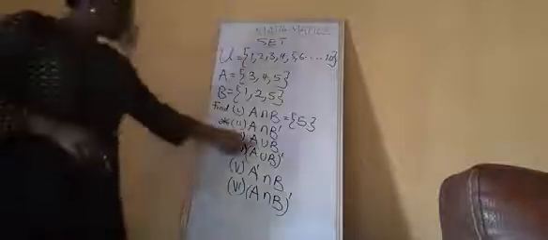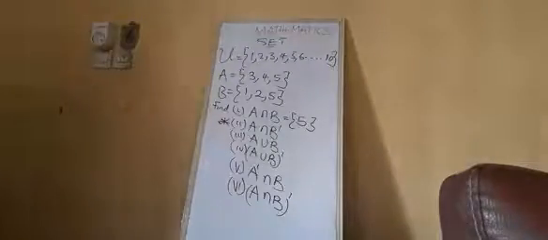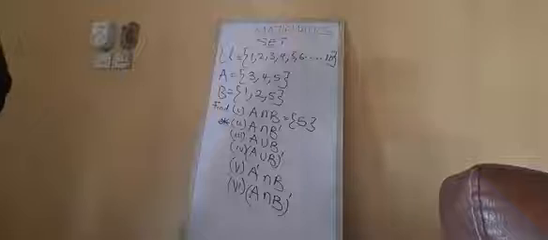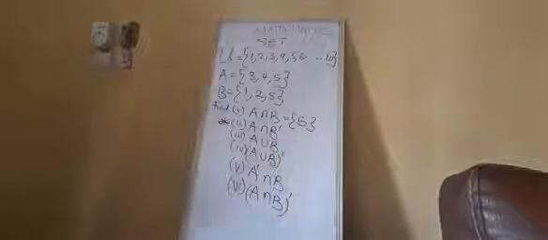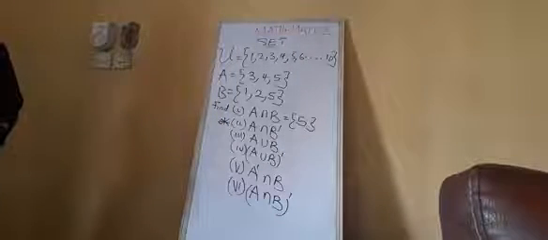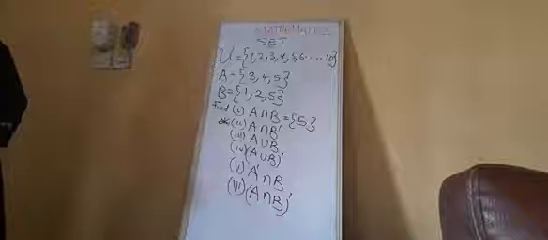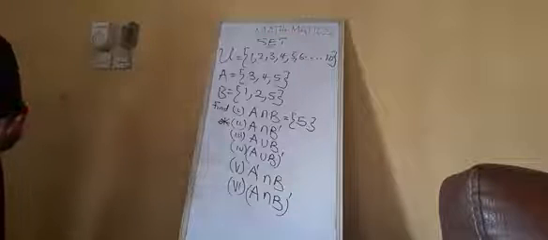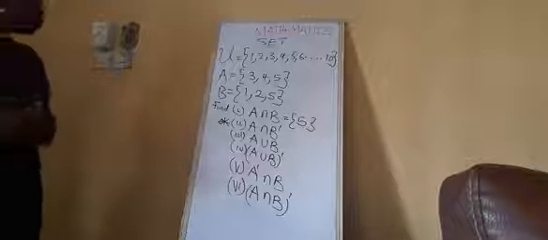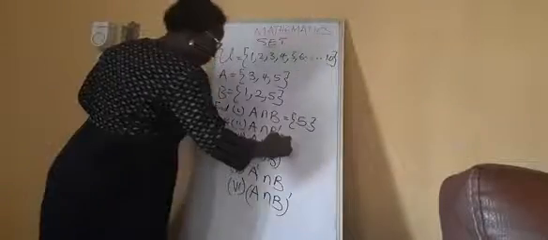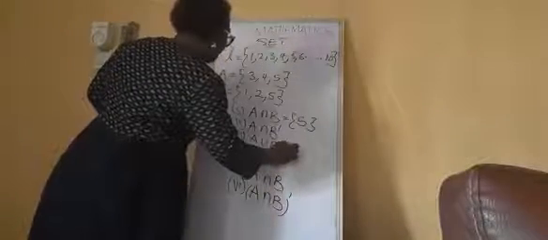So, what about A union B? Look at the A and look at the B. The elements in A are 3, 4, 5. B is 1, 2, 5. So what is A union B? Without any repetition, is there any repetition there?